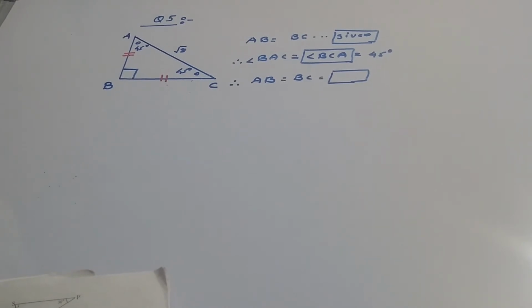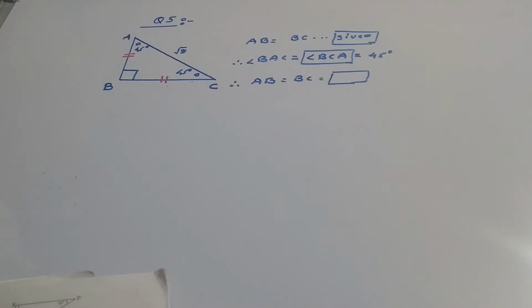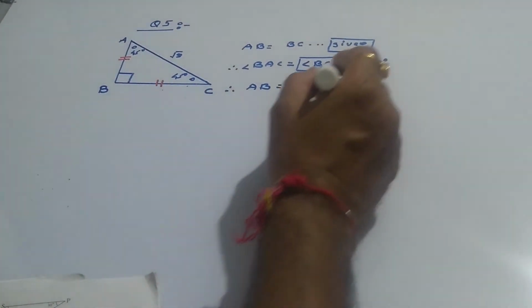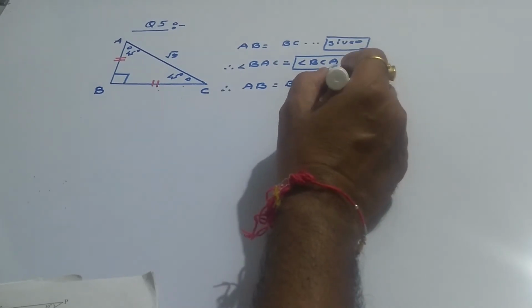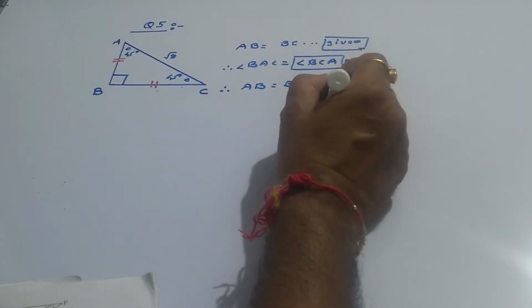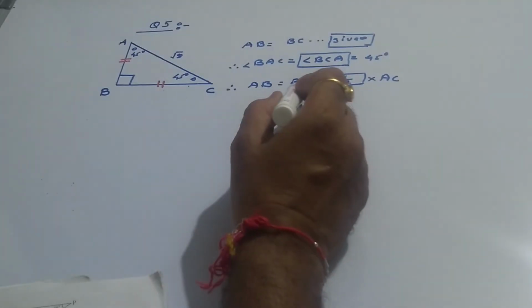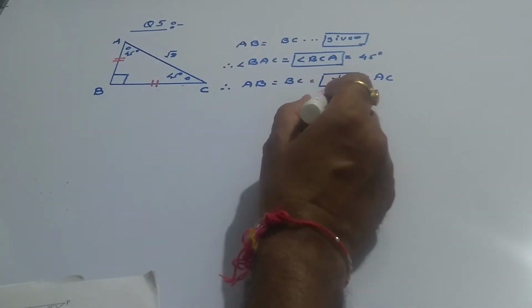Side opposite to 45 degree are 1 by root 2 into the hypotenuse. So AB is equal to BC into 1 by root 2 into hypotenuse काय इथे? AC. That is equal to 1 by root 2.